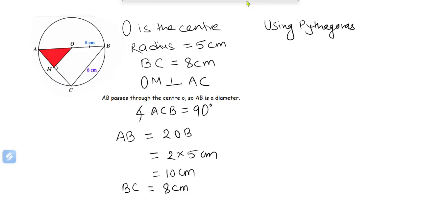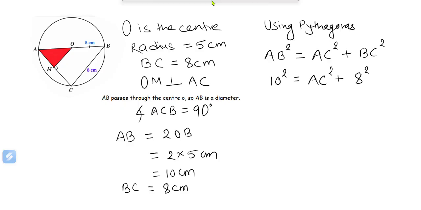Now let's use the Pythagoras theorem. In this case, this is a right angle, that's why this is the hypotenuse. The relation is hypotenuse, which is AB squared, is equal to the sum of squares of the other 2 sides. We have AB, which is 10 squared, BC is 8 squared.